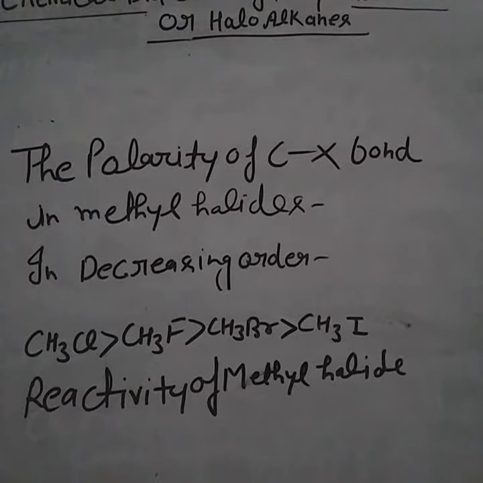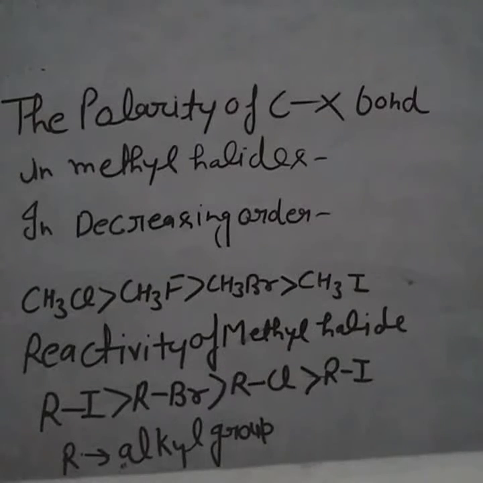But the reactivity of methyl halides is just the opposite of their polarity. So alkyl iodide is more reactive than alkyl bromide, alkyl bromide is more reactive than alkyl chloride, and alkyl chloride is more reactive than alkyl fluoride.